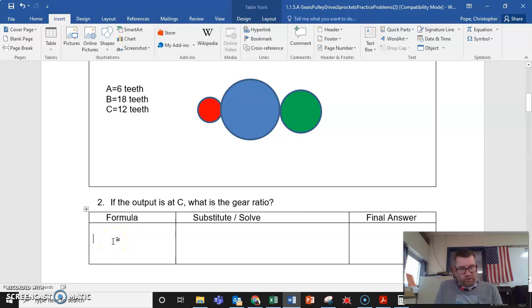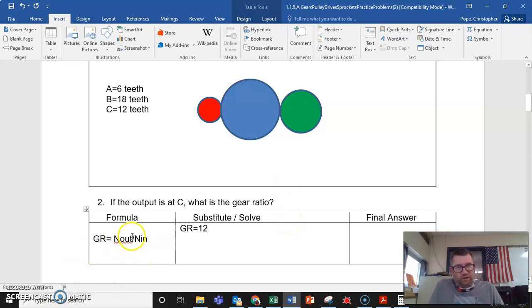Remember, the gear ratio equals the number of teeth out divided by the number of teeth in. So we'll substitute and solve here. GR equals, my number of teeth out in this case is gear C, so that's 12.